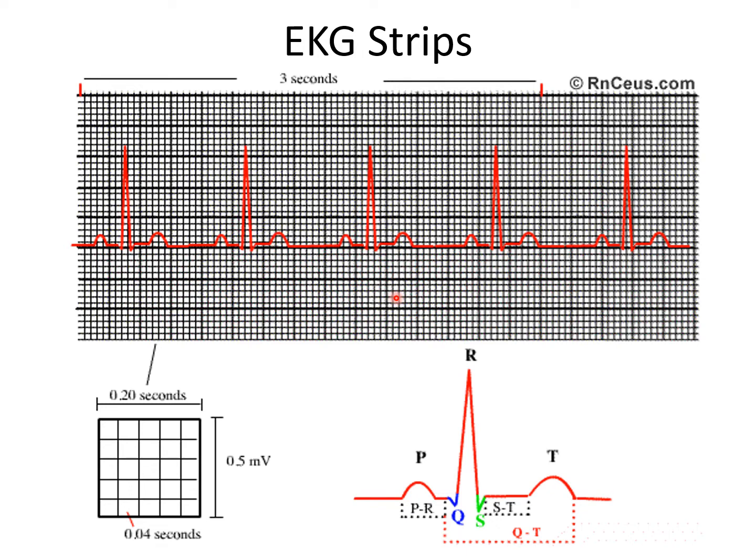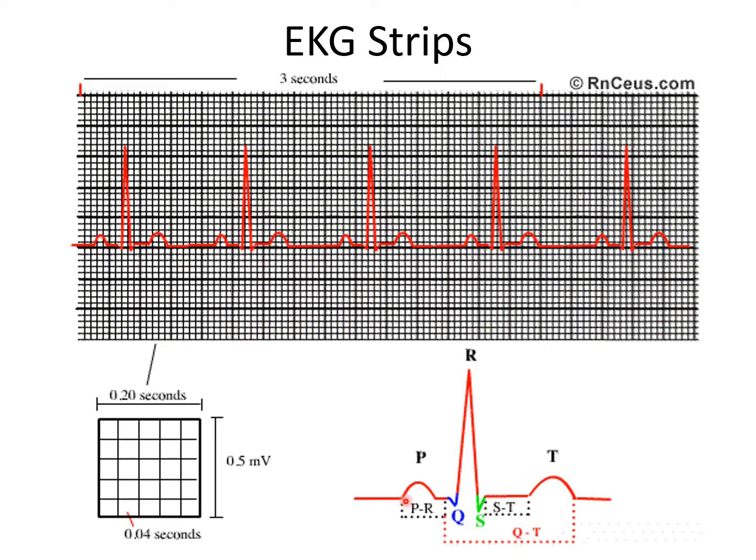Okay, and then the final component that we'll talk about is the PR interval. The PR interval is the amount of time from the beginning of the P wave, and we can probably see it better down here, the beginning of the P wave to the very first downward deflection, which is going to be representing your Q wave.